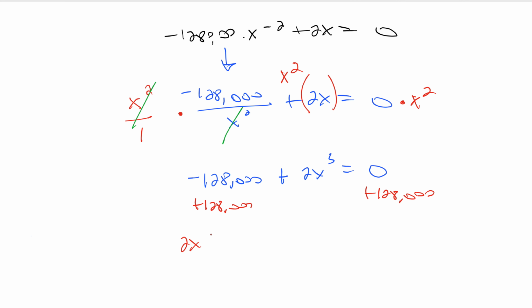So you have 2x cubed equals 128,000. Divided by 2. Divided by 2. x cubed equals 64,000.